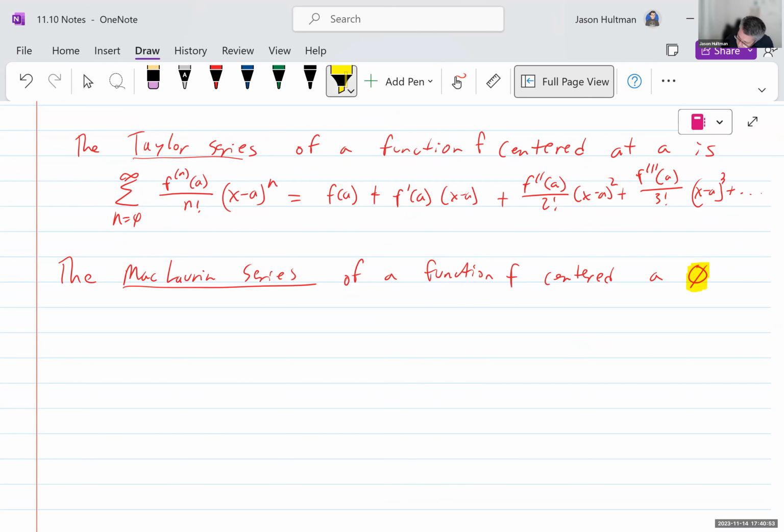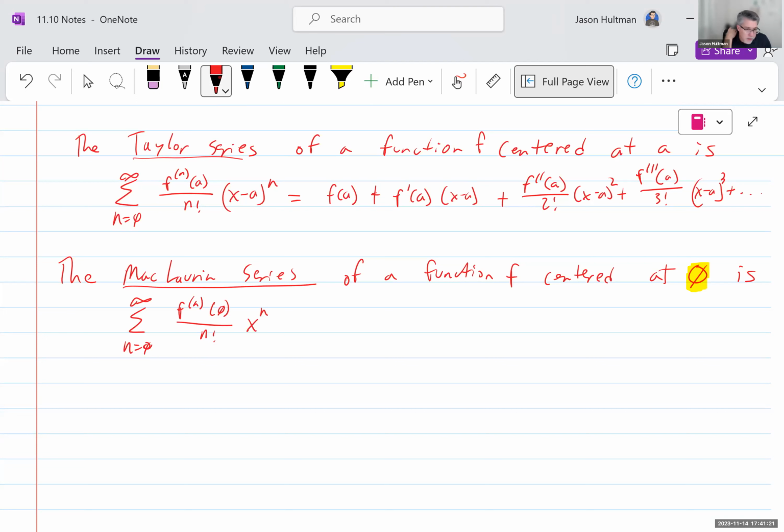Okay, centered at 0 is the summation n equals 0 to infinity of the nth derivative of f evaluated at 0 over n factorial times x to the nth, right?